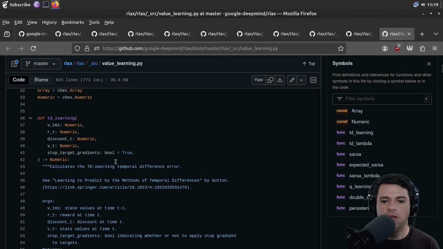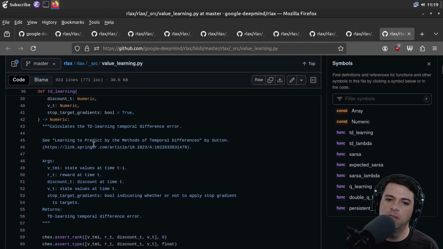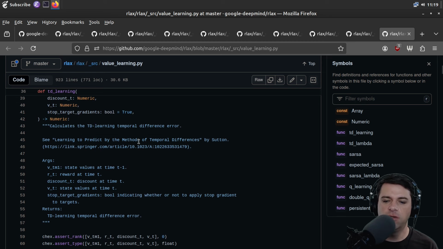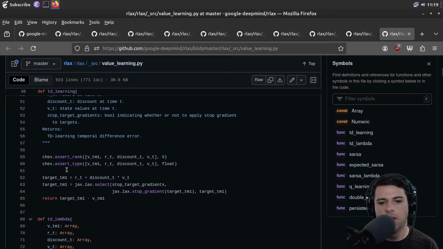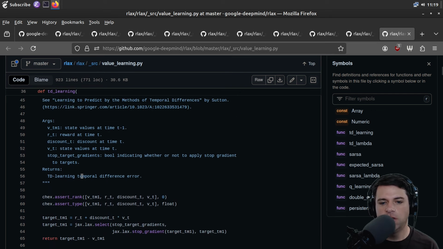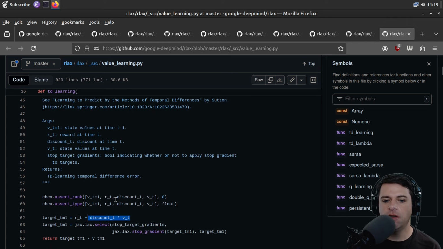Okay, so there's a TD learning, I guess temporal difference error. And there's a paper citation, Learning to Predict by the Methods of Temporal Differences. I think that's a classic paper. I've heard of it before. So whatever RT is, we're just adding RT plus the discount times VT. I think RT is maybe the value.